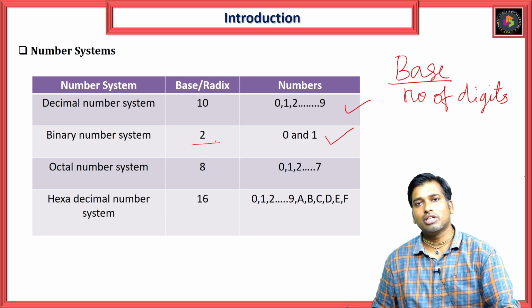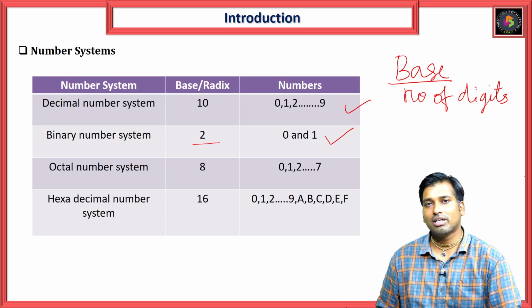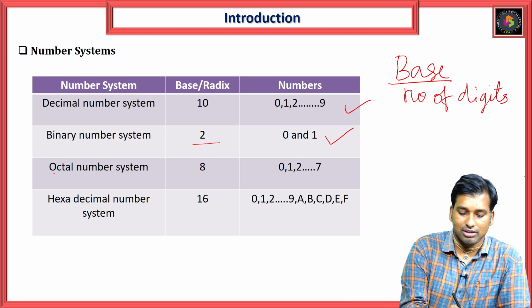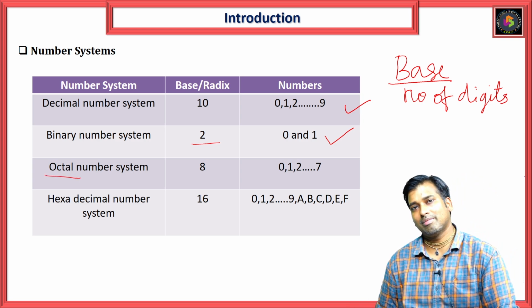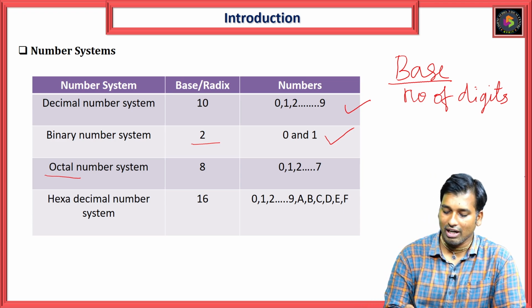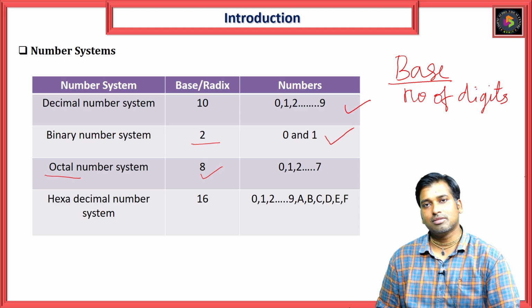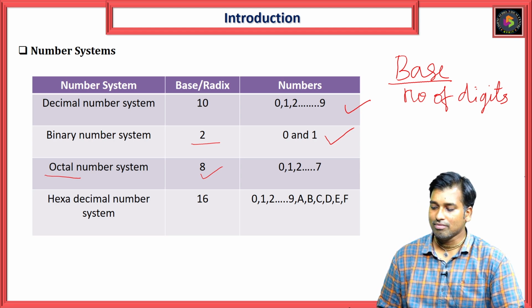Similarly, along with these 2 number systems, there are 2 more prominent number systems. Those are octal number system and hexadecimal number system. As the name signifies, octal means 8. So therefore, there are 8 digits in this octal number system. The digits are from 0 to 7.